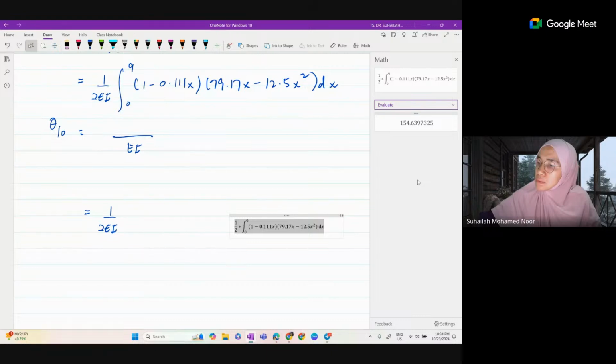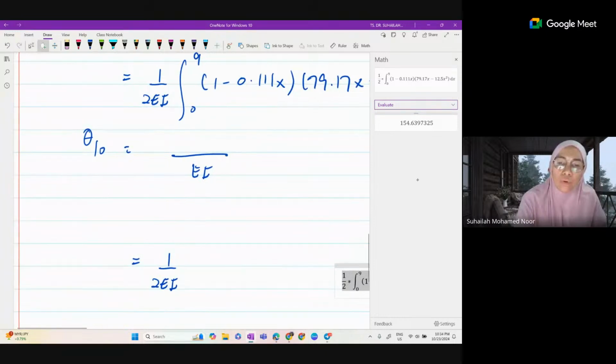The answer is 154.64, so 154.64 over EI. This is theta 1 naught.